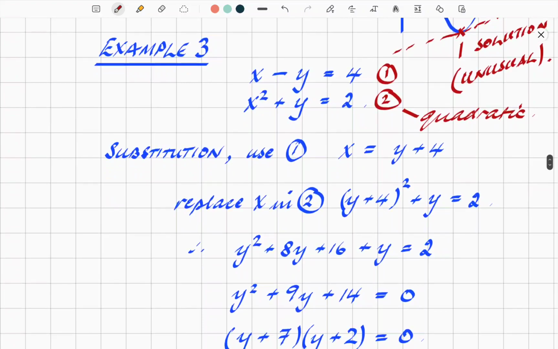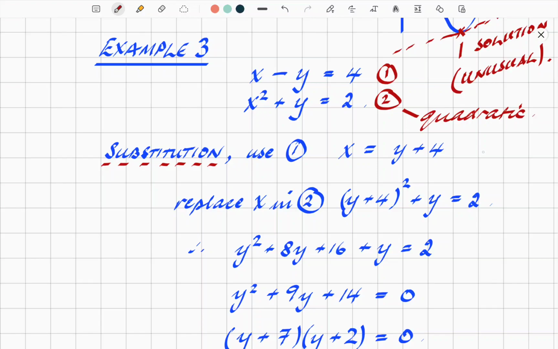Okay, now I'm going to use the substitution method because that's the only one that's going to work. Because we do not have x's in both equations, you've got an x in one and x squared in the other, you cannot subtract and multiply and get rid of them. It's not convenient. Can be done, but not convenient. So use the substitution method.